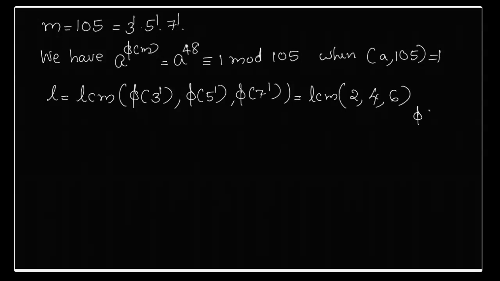Why? Since the phi function of a prime is always equal to p minus 1. So, we have L is equal to the LCM of 2, 4 and 6, which is equal to 12. So, a raised to 12 is also congruent to 1 modulo 105.